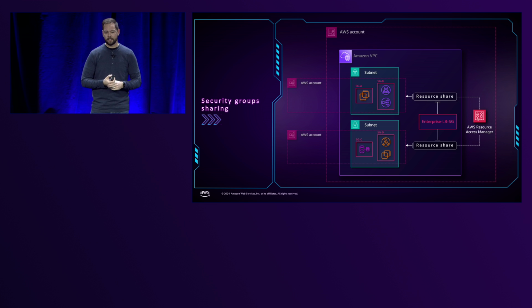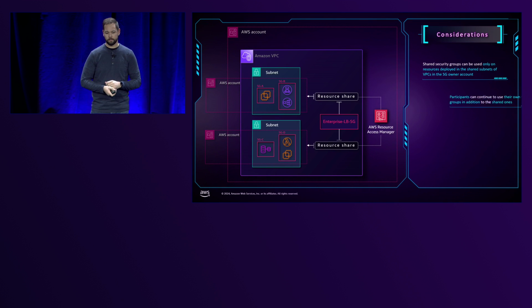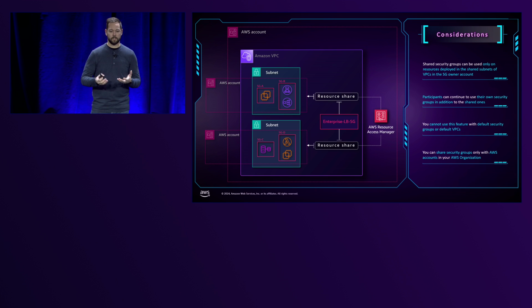So this is another way of making your folks' lives a little bit easier around security groups. We've got a couple of considerations here. Participants can continue to use their own security groups if they wanted to, for example, but they can also use the shared ones. I think that's probably the biggest takeaway here. And again, you can't use this with the default security groups or default VPCs.